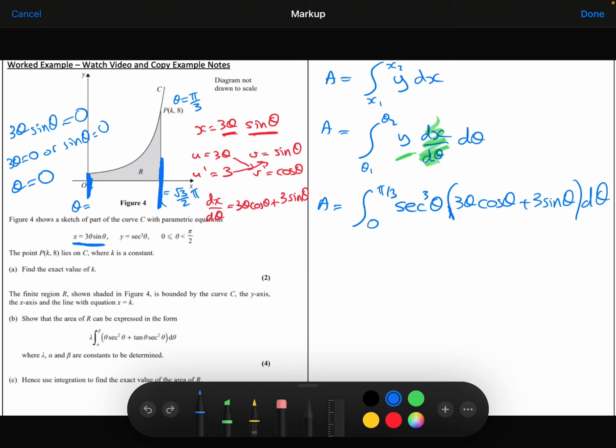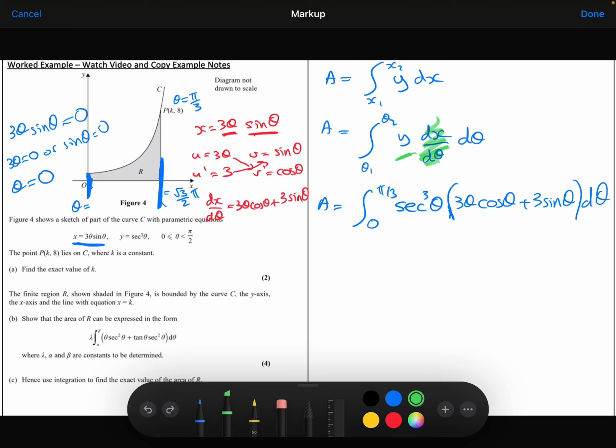Well, one thing I notice here is that I've got a sec cubed. They've just got a sec squared here and here. Let me just repeat that again. I've got a sec cubed. They've got a sec squared.